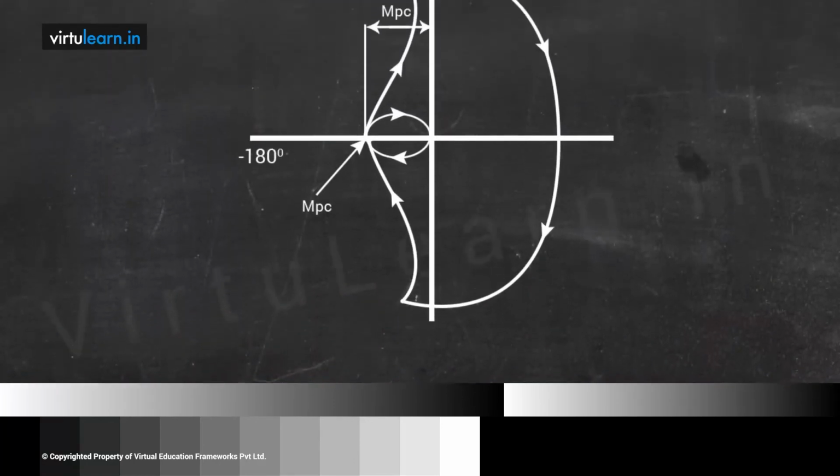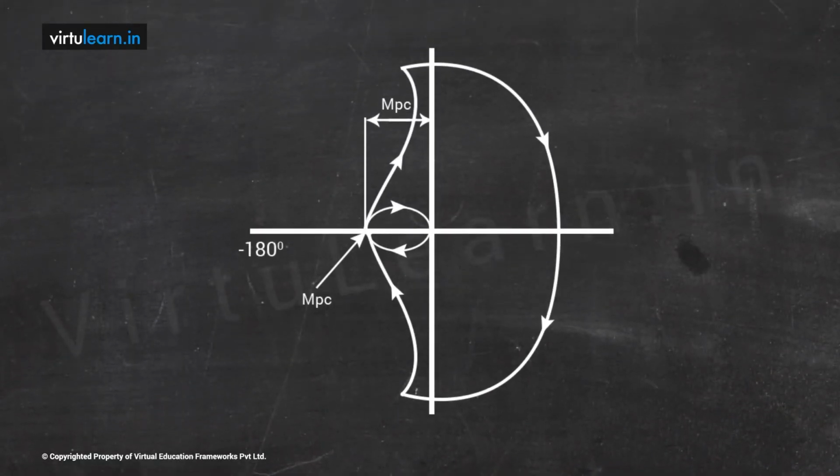Then what will be path 4? When you take path 4, again look at how many poles are there at the origin? 1 pole, therefore 1 semicircle. The second point is where it needs to start, the ending point of the inverse polar plot. So we already know that the inverse polar plot ends here, and the polar plot starts here.